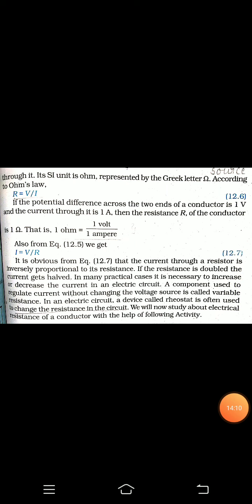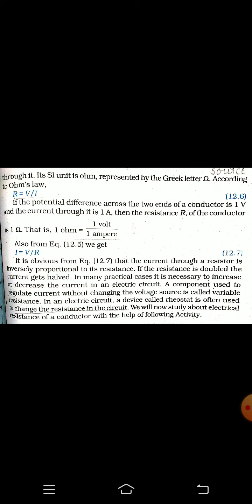Remember this, what is a rheostat? It is a variable resistance. From the words you can remember. Variable resistance means it is a component to regulate current whose value you can change. You can increase it or decrease it without changing the voltage source. So what is a variable resistance?